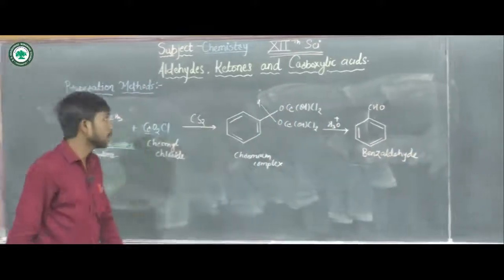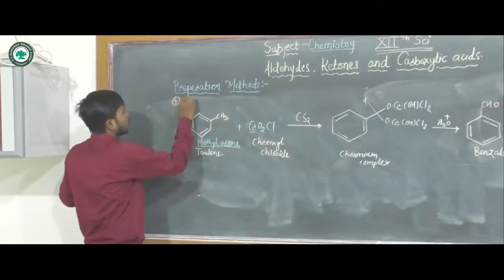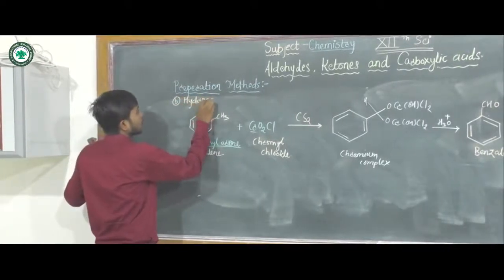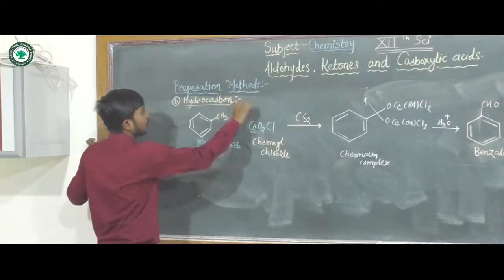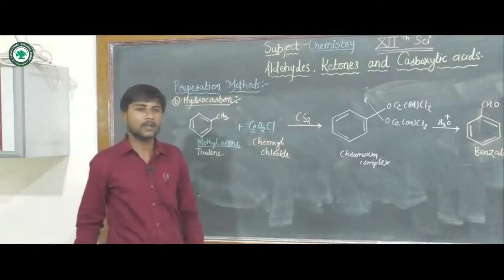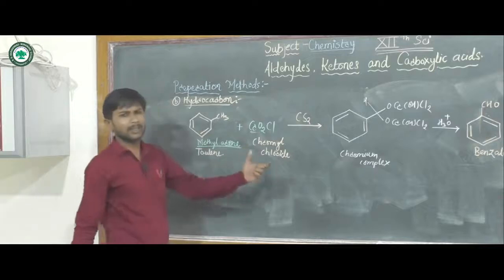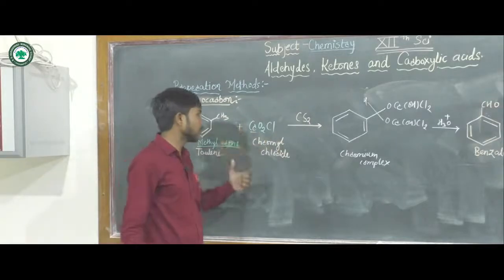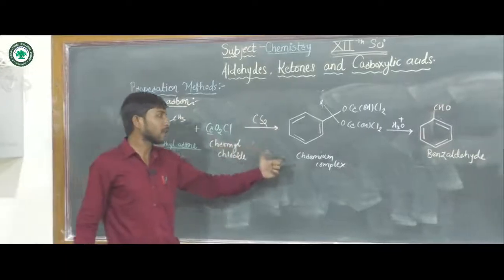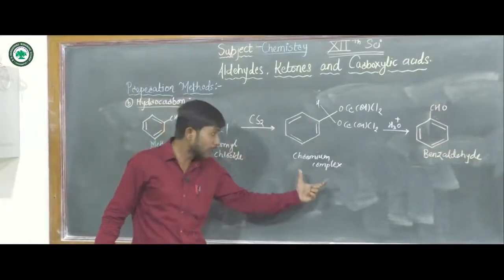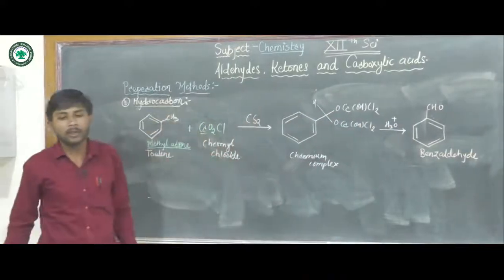For this preparation method from hydrocarbons, we first use the aromatic hydrocarbon toluene. It is an oxidation reaction: when it is oxidized with chromyl chloride in carbon disulfide as a solvent, there is a formation of a chromium intermediate complex, which on further acid hydrolysis gives the corresponding benzaldehyde.